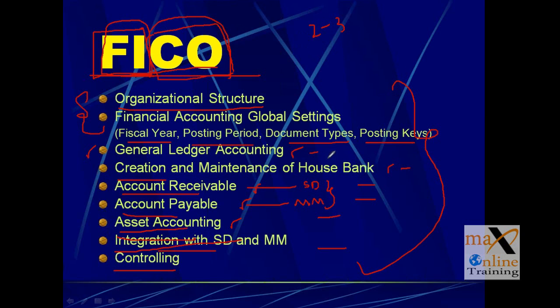Because see, if it is the biggest company, only for general ledger they will recruit some 6 consultants. Bank accounting some 4 consultants. For accounts receivable some 7 consultants. Accounts payable some 8 consultants. Like this they will go on recruiting the people.